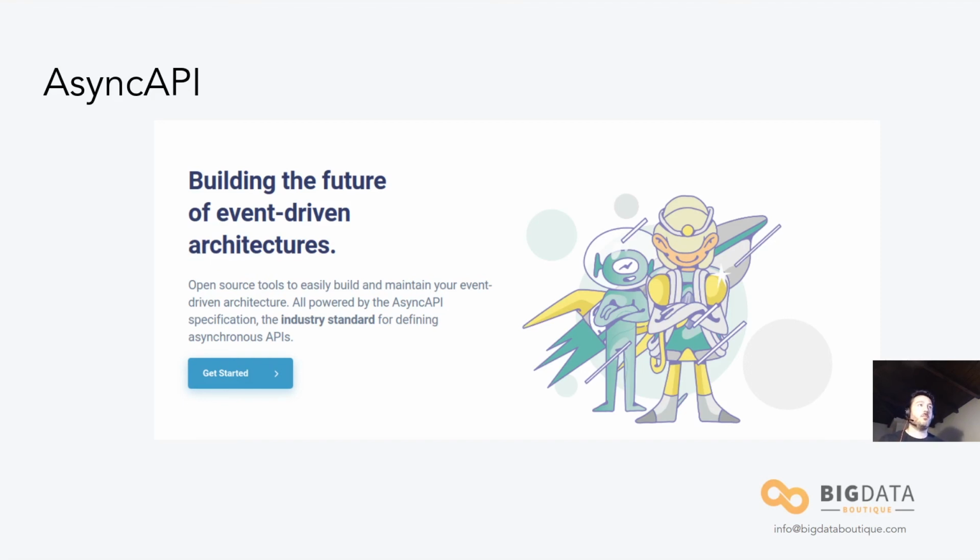So it's a very interesting movement. Most of the service registries and platforms are evolving to support this in some ways and to copy that model, which is so successful in APIs, to the event-driven architectures, to the big data architecture. So yes, take a look, because I think in the next year, a couple of years, we are going to speak a lot about AsyncAPI.